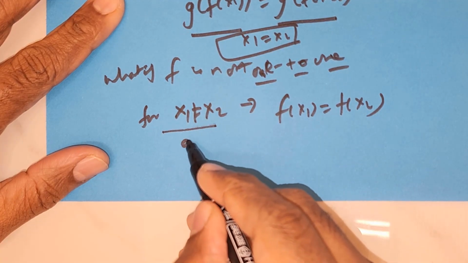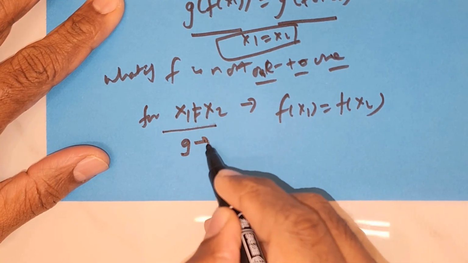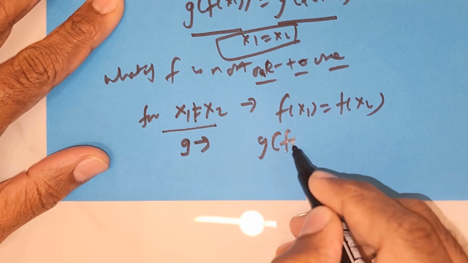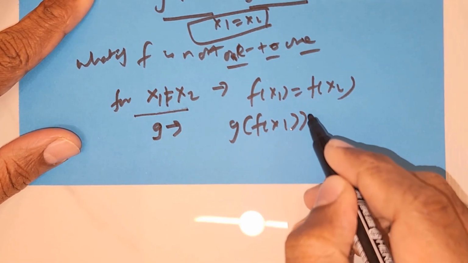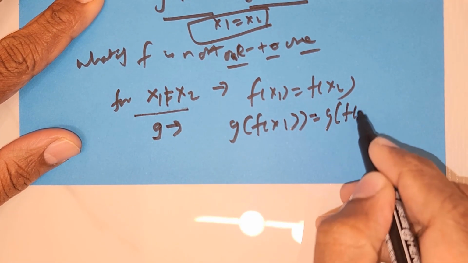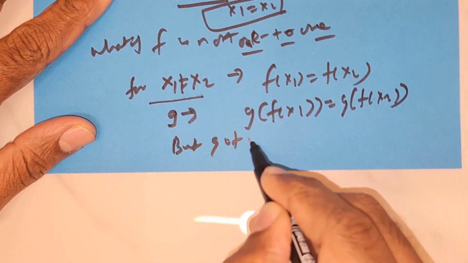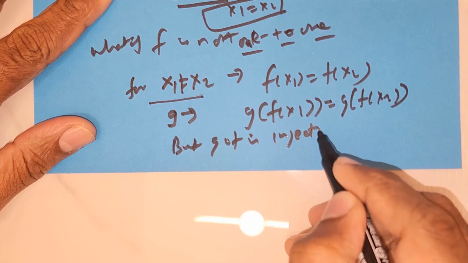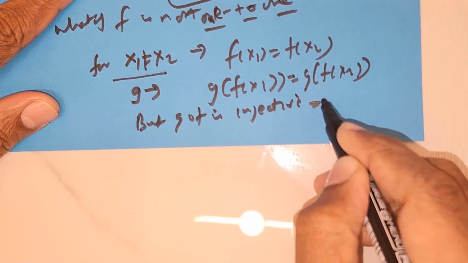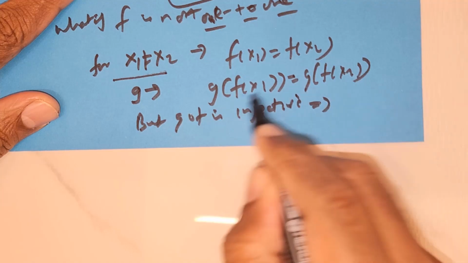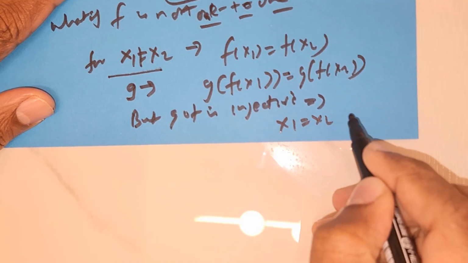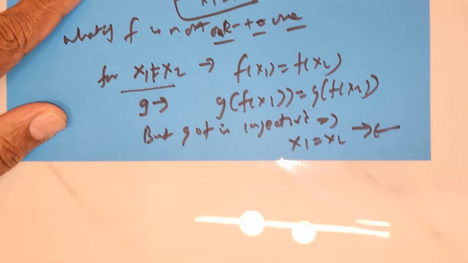Now you apply a composition of G to this. So this means G of f of x1 is going to be equal to G of f of x2. But G of f is injective, right? So because they are injective, this means x1 is equal to x2, which is a contradiction to the initial statement.